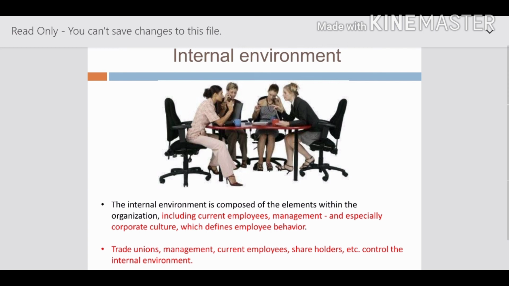So the internal environment, as I told you, can be manageable, provided you are able to regulate trade union related matters. Employees should be highly educated, and we should keep giving various training to employees so they can be converted into resourceful persons and make lots of products which can be competitively sold.